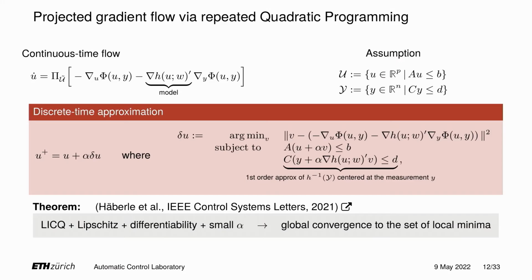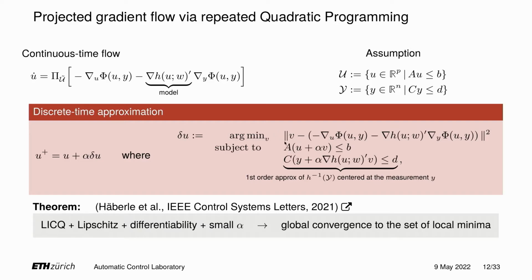The idea, and I will show you just the most important points, is that this can be done with some repeated convex quadratic programming. This continuous time flow can be approximated in discrete time with finite steps, where these steps are given by the following expression, in a bit of a proximal sense.